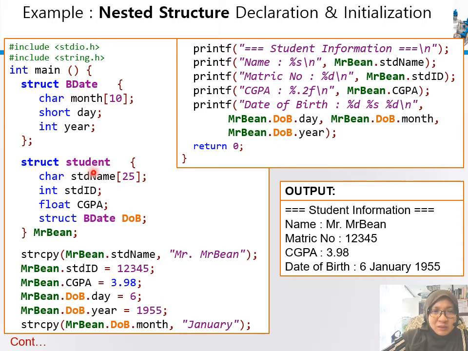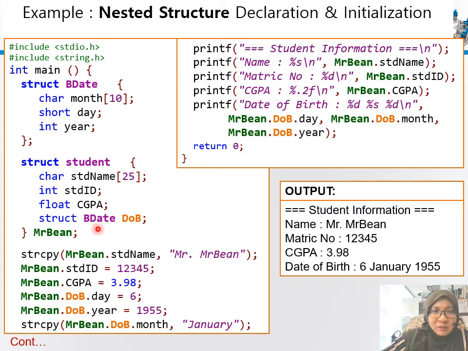First structure we have b date, with 3 members: character month, short day, integer year. Then for structure student, we have 4 members: student name, student ID, CGPA, and this is b date.